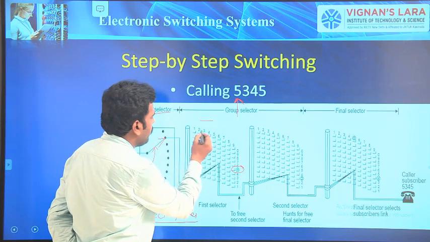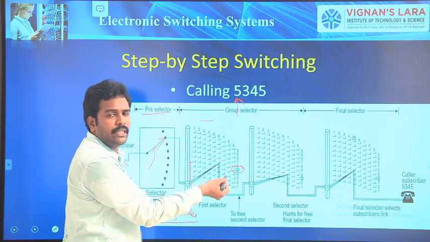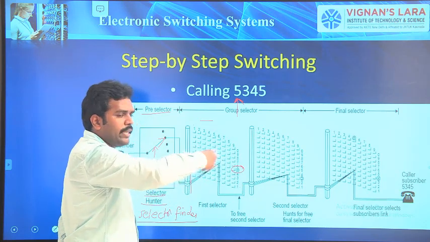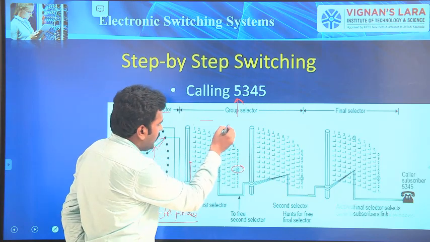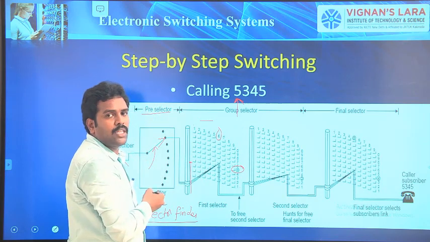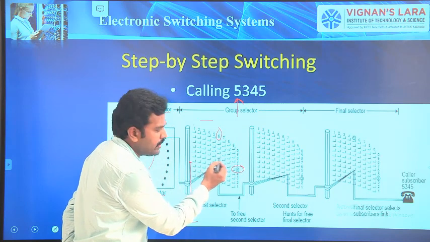It may contact 5.1 or 5.2 or 5.3 or anything, based upon the availability of the contact point. In this 5th level, it may choose any one of the outlets. Now, in this diagram, it selects the 6th outlet. Therefore this is the contact point 5 to 6.